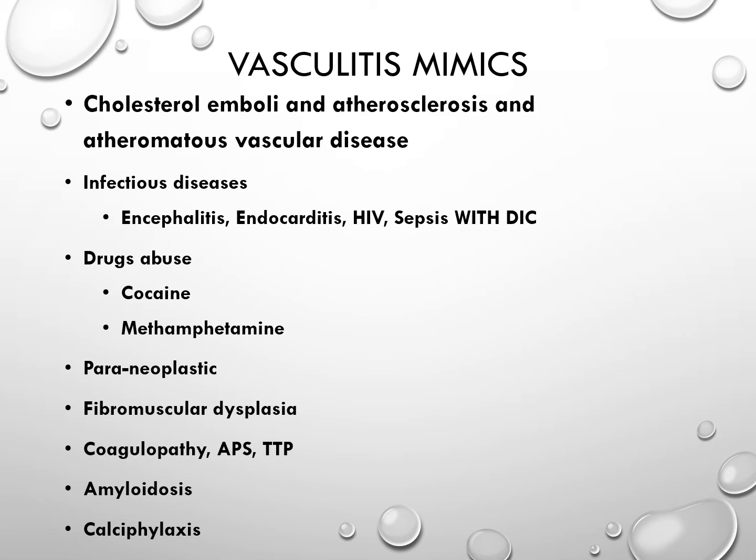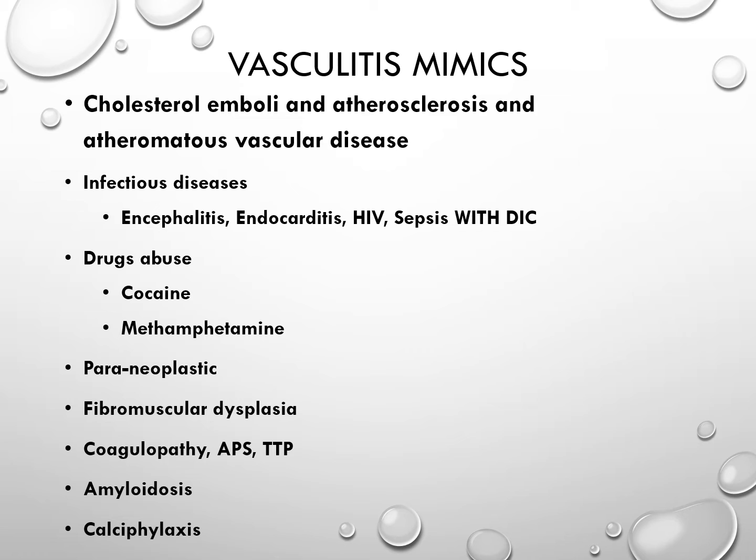Drug abusers and cocaine use can also present with a picture like ANCA-associated vasculitis. Methamphetamines, and paraneoplastic conditions like lymphoma, our second case, can also mimic vasculitis and present like a full-blown case of vasculitis, which can affect the management plan if not suspected from the start.